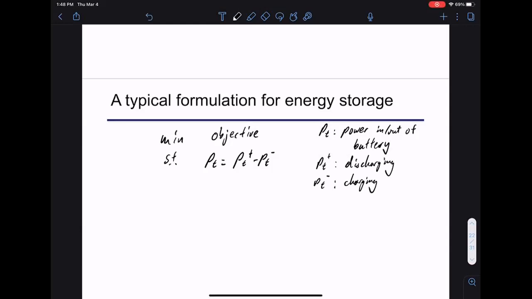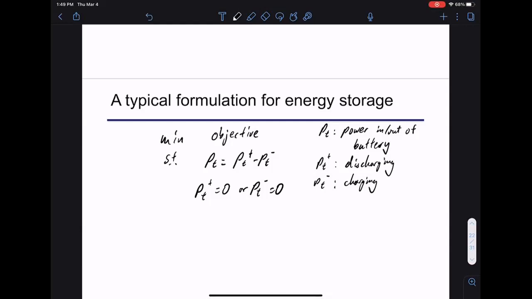Okay, so this is saying that the net power coming out of the battery is discharging minus charging. Then we have that one of them has to be 0, because the battery cannot charge and discharge at the same time. It's normally not allowed for your battery to do both operations at the same time. That doesn't make much sense in the problem formulation. So one of them is 0 at any point.